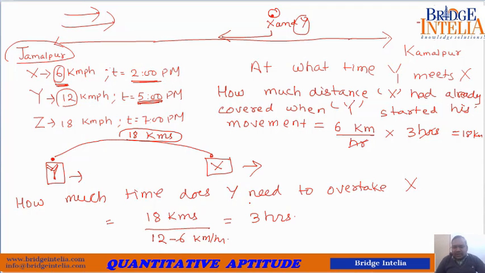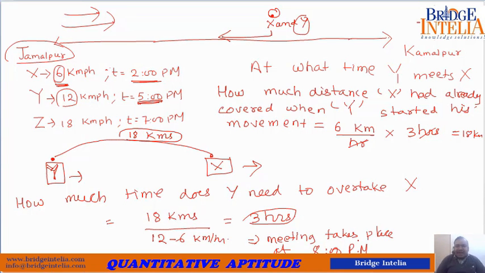Y is going to take 3 hours to meet X. It means the meeting takes place at 8, because Y took 3 hours and started his journey at 5 p.m. So the meeting takes place at 8 p.m.